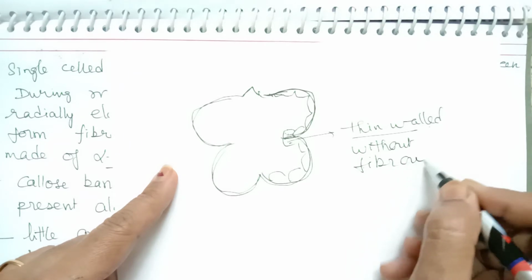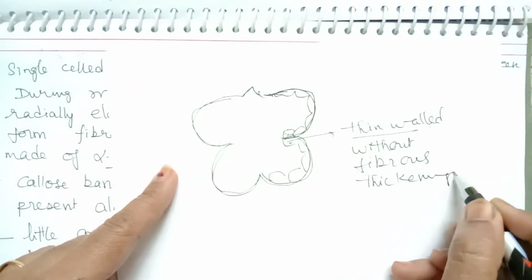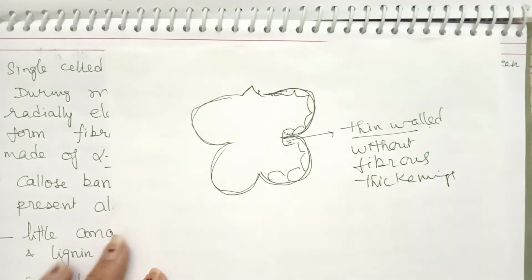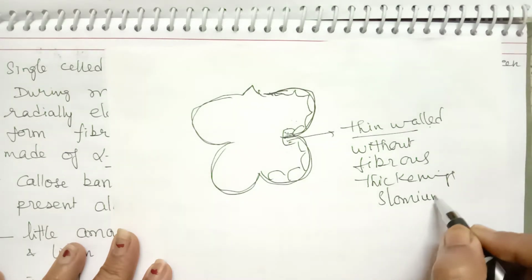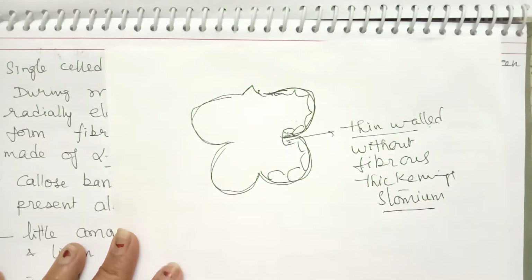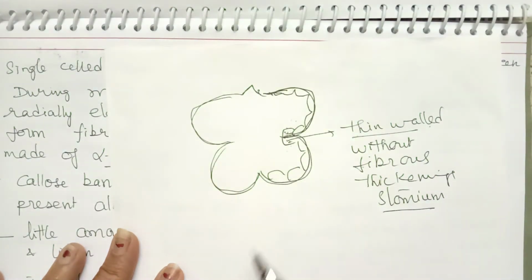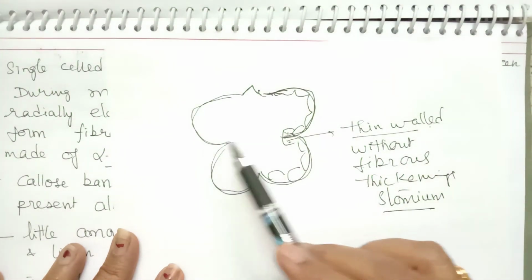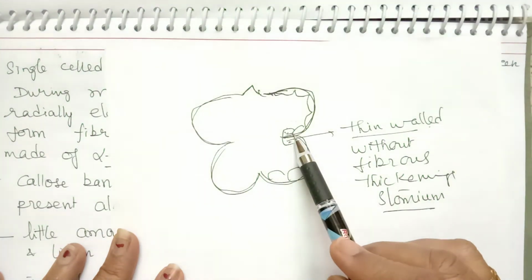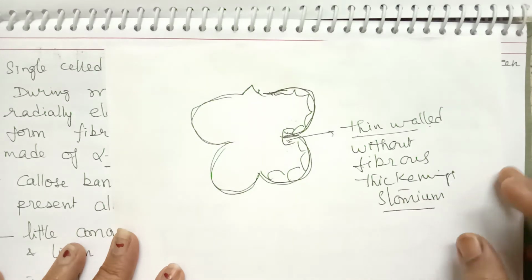They are only thin walled. So these cells form the structure called stomium. Stomium is a part of endothecium present between the 2 pollen sacs. If it is a dithecous anther, we have 2 stomia present. Each anther lobe will have 1 stomium. So there are 2 anther lobes, therefore 2 stomia are present.